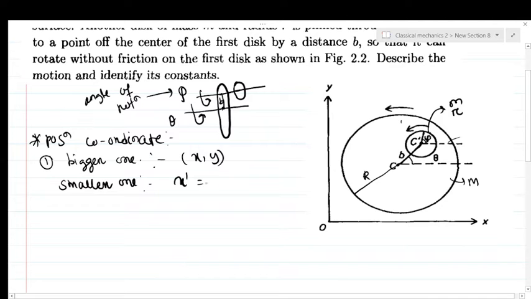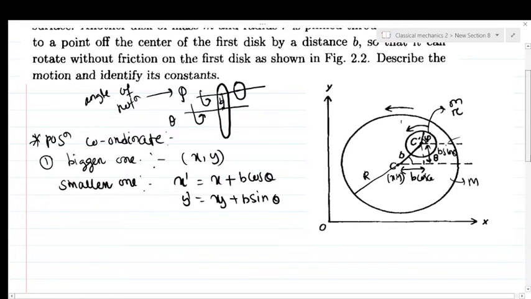If I draw a perpendicular distance, then by Pythagoras you can see that this distance is b cos theta and this distance is b sin theta, and its center coordinate is x, y, so the shifted coordinates will be x prime equals x plus b cos theta and y prime equals y plus b sin theta.